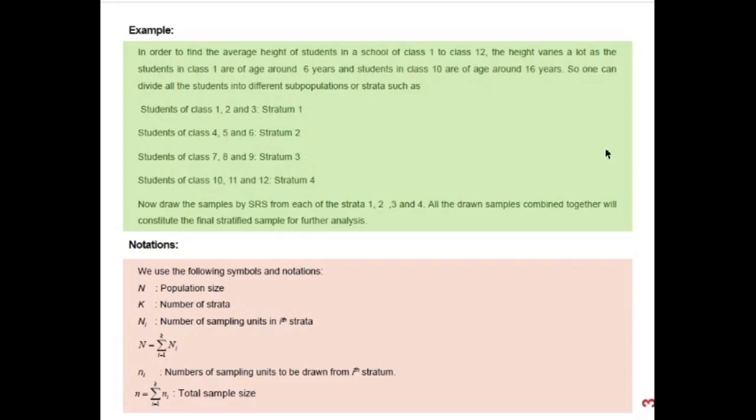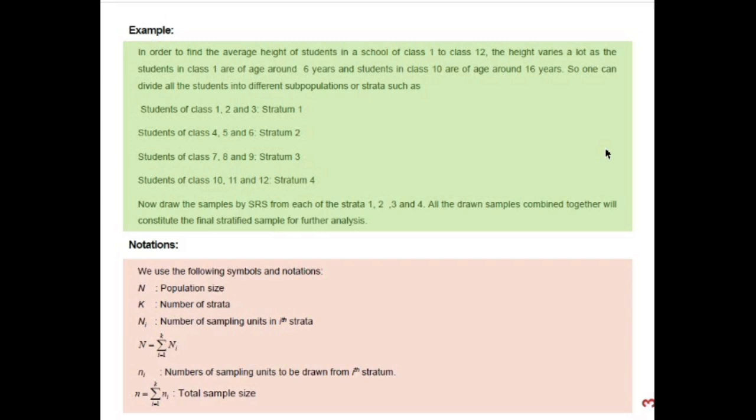Generally, if you consider an example, then you can easily understand systematic and stratified random sampling. In order to find the average height of the students in a school of class 1 to 12, the height varies a lot, as the students in class 1 are of age around 6 years and students in class 10 are of age around 16 years.